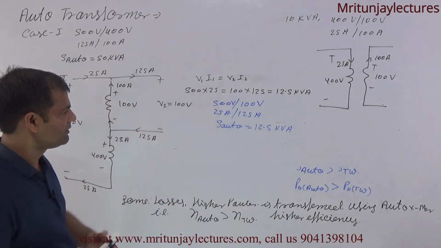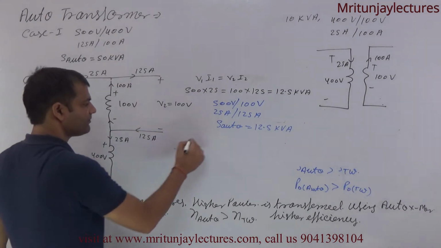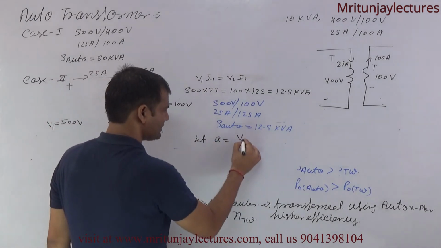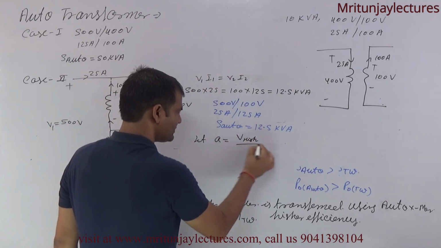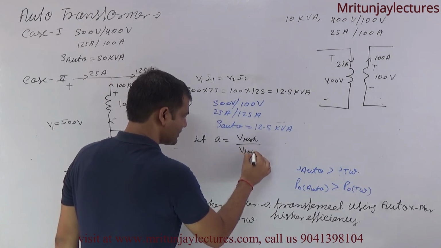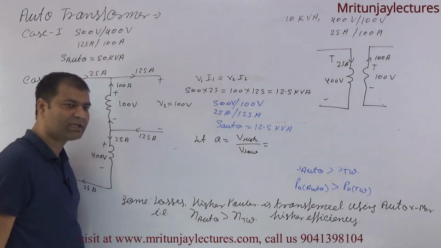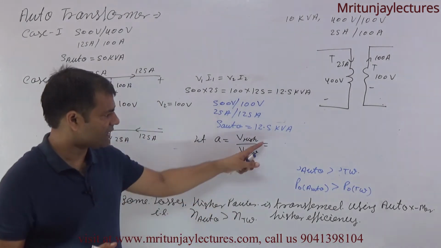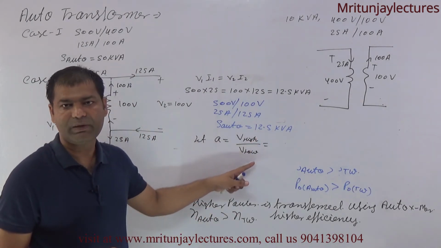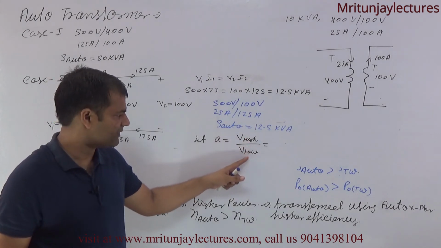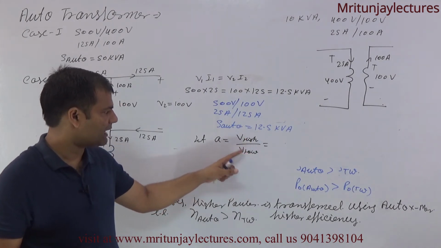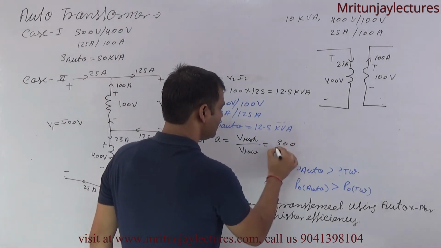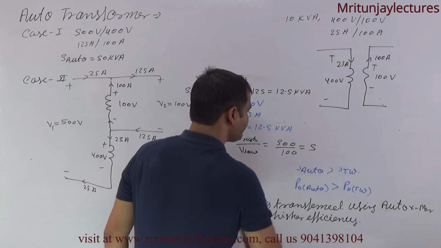you can say standard notation: let A be equal to higher voltage divided by lower voltage, whether it is the primary side or the secondary side. If V1 is higher, 500 by 100 that is 5.